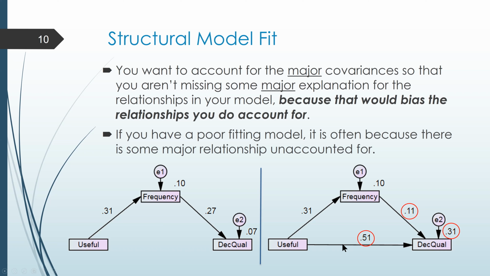Notice if we were to add this parameter down here, the values change drastically. This went from a 27, which is a fairly good loading, down to an 11, which is fairly low loading. Our R-square also jumped up significantly when we added this parameter. And so my guess is this model right here had very poor model fit because it didn't represent reality, whereas this one has perfect fit because it represents all potential parameters.